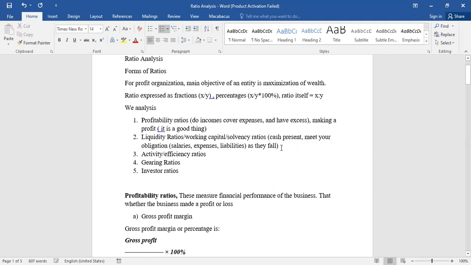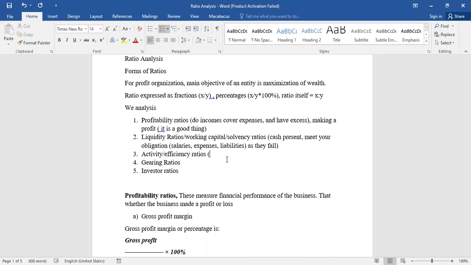Then we can move on. Then there are activity or efficiency ratios. Here we say you're efficient, or you're doing well as far as activities are concerned. We're looking at whether you're using your assets efficiently.